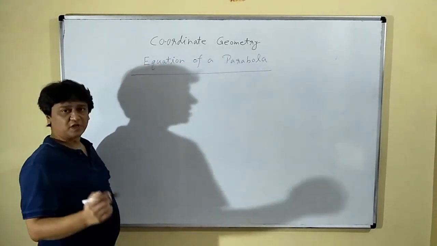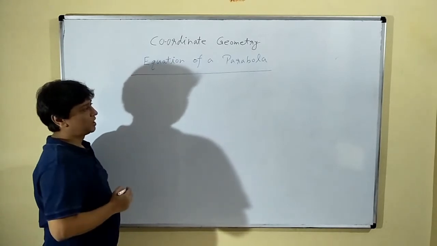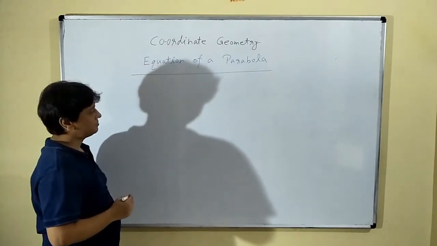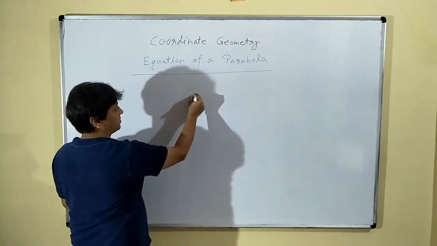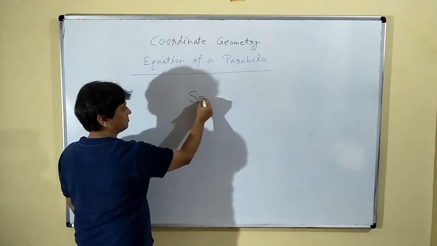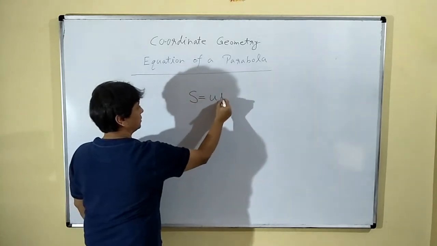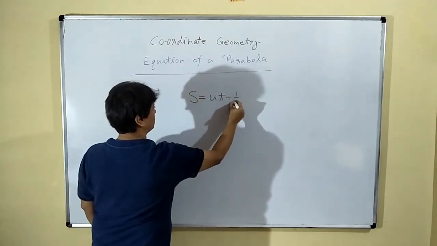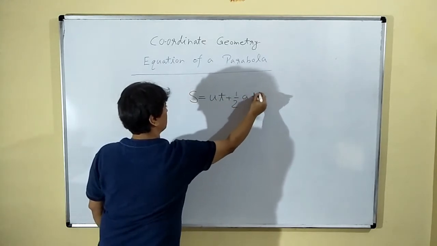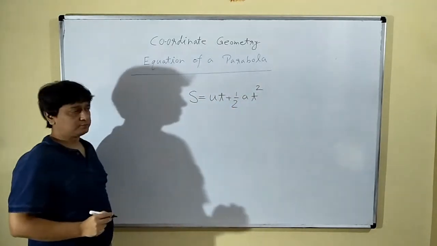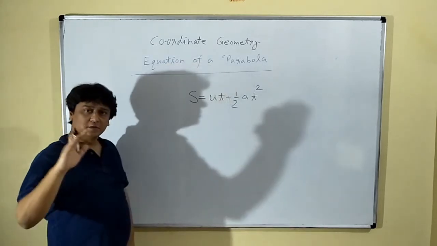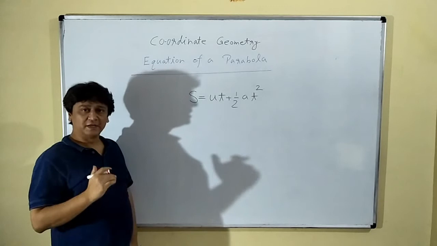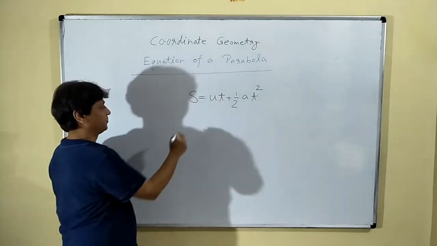Now let's see a few examples of parabola in physics. Everybody has seen this equation, S equals to ut plus half at square. अभी चीजों को थोड़ा इजी लेवल पर लेकर चलते हैं.